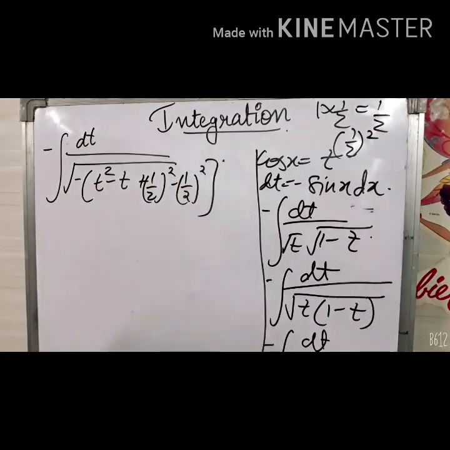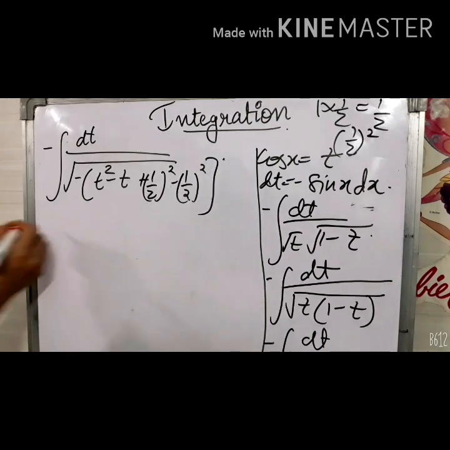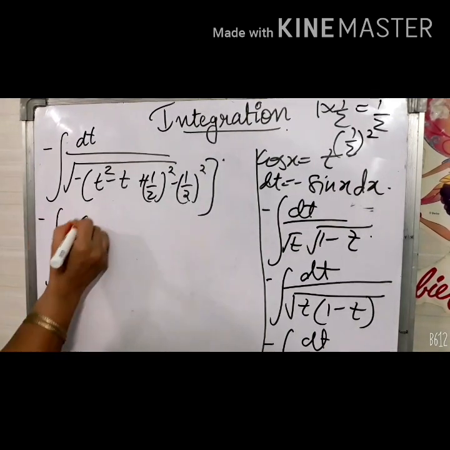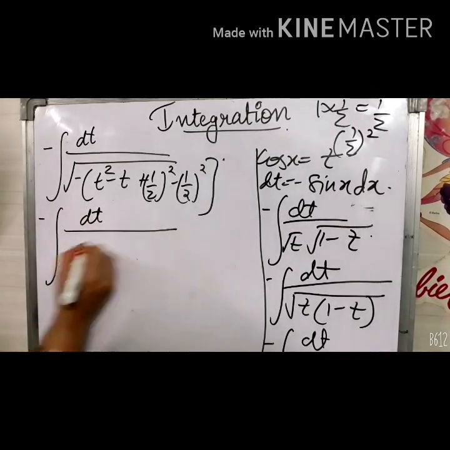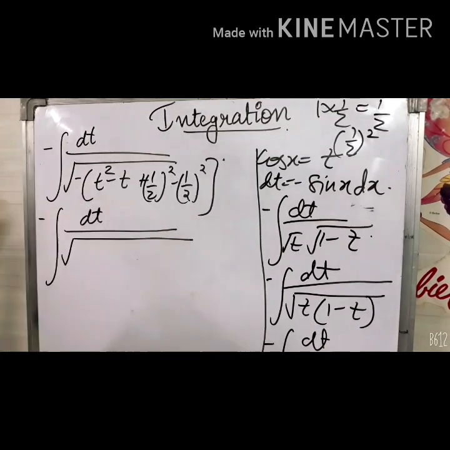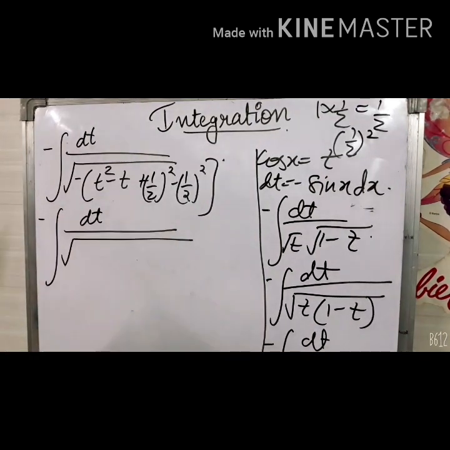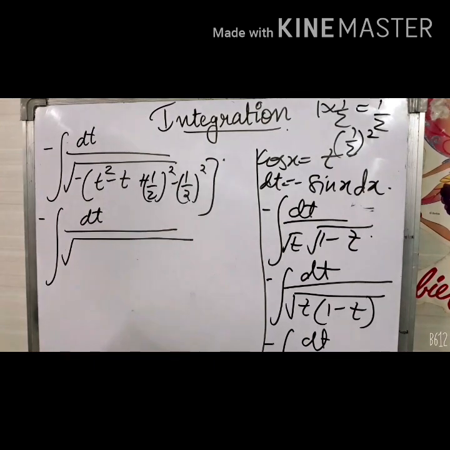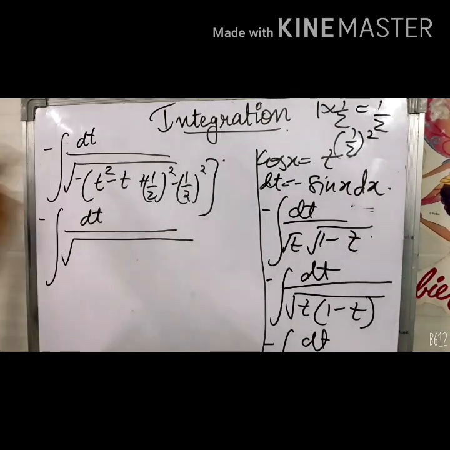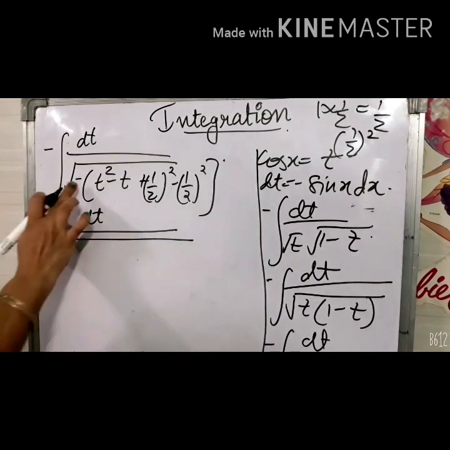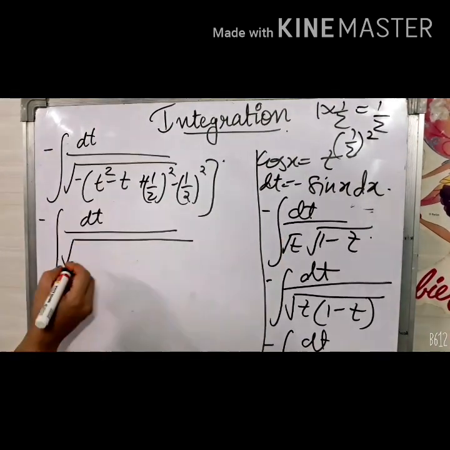Now I am closing the bracket. Now it becomes minus of dt by under root of, because the minus was outside and I cannot take that minus outside of the square root sign because it is imaginary, so I need to multiply that value with the minus sign.